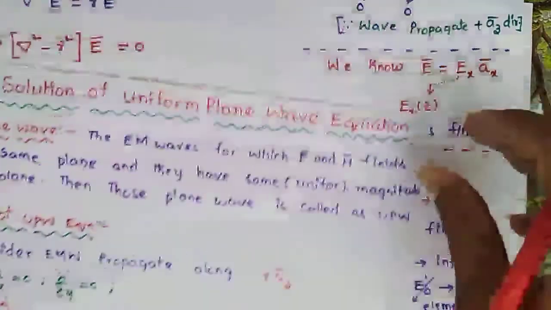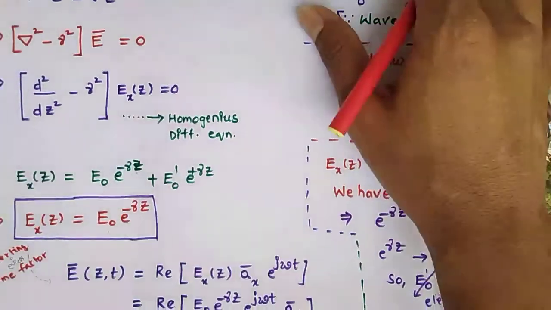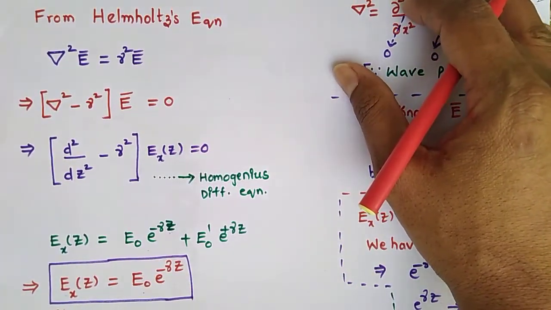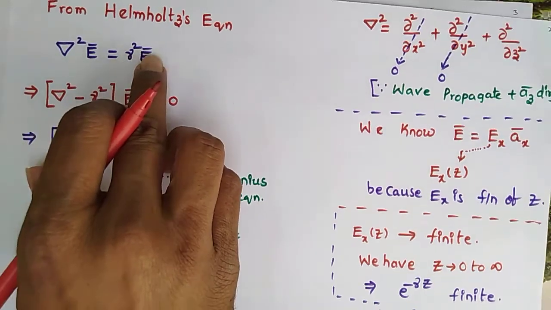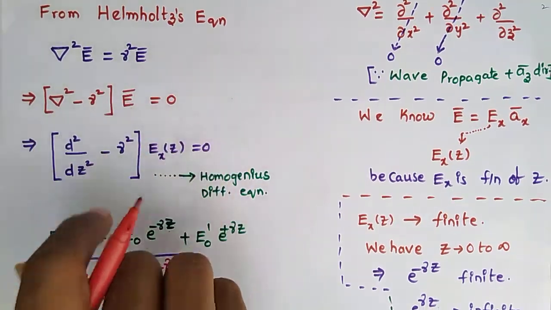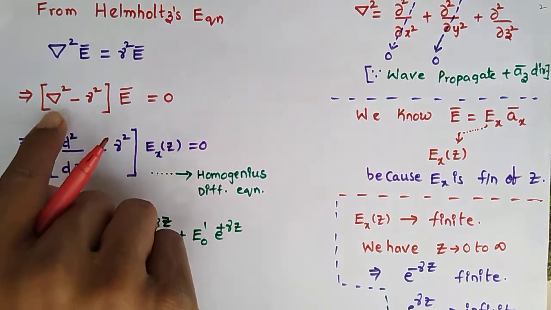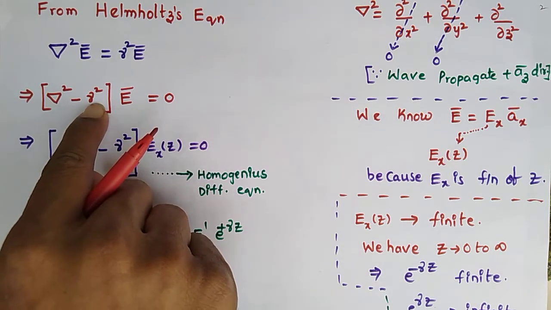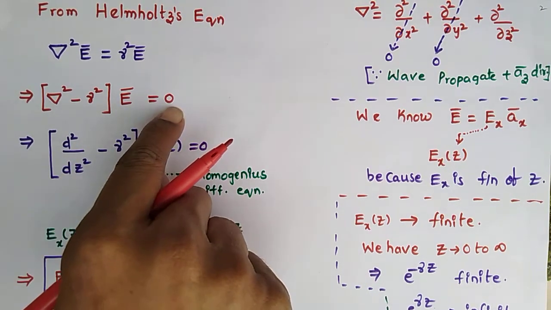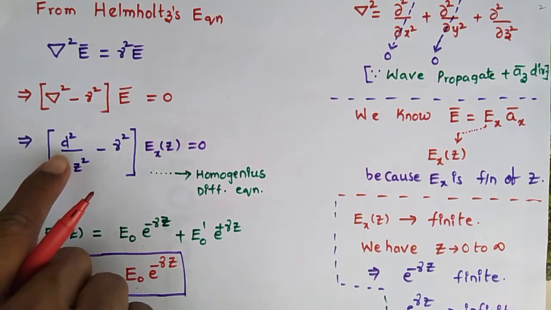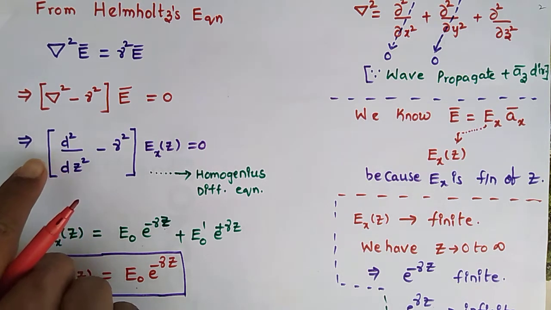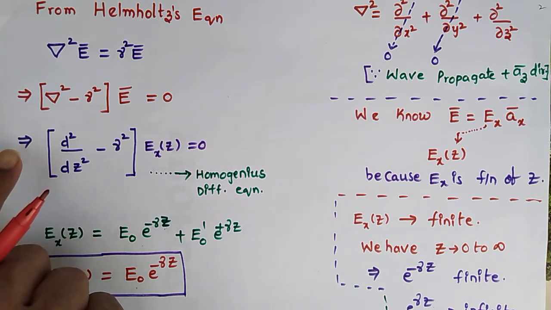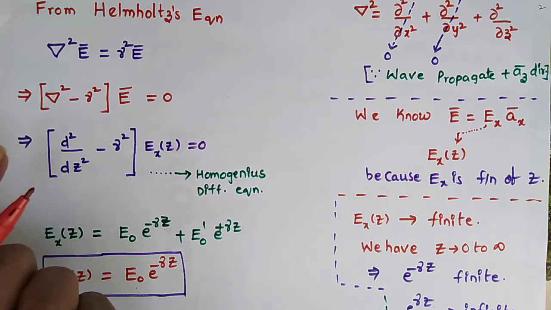Okay, next, from the Helmholtz equation, we have to know the Helmholtz equation. Del square E bar equals gamma square E bar, where gamma is the propagation constant. So I am taking E bar common: del square minus gamma square, times E bar, equals 0. I am substituting in the place of del square ∂²/∂z², nothing but d²/dz², while d²/dx² and d²/dy² equal 0.